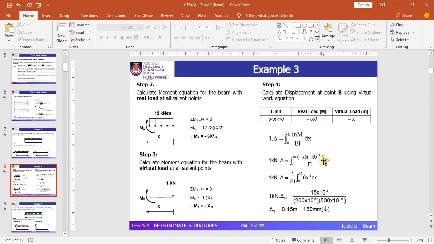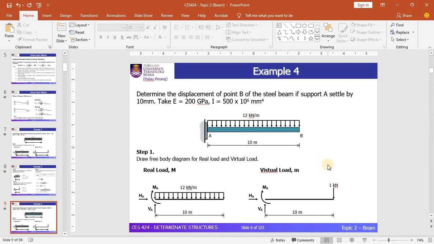Let's move to the fourth example. Basically, the question is exactly similar to example 3, but they have additional information given here, where the steel beam settled at support A with an amount of 10 mm.